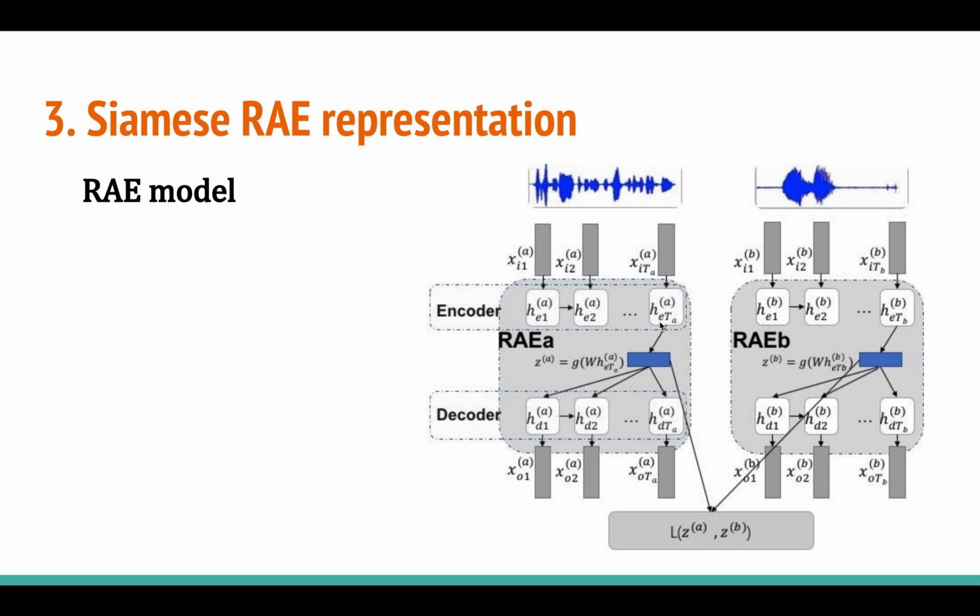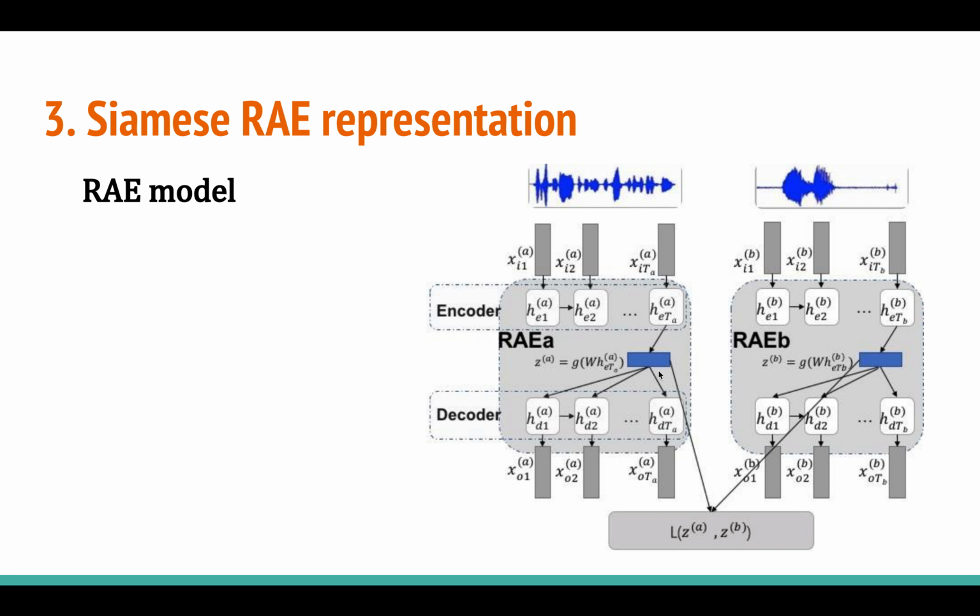is a vector that goes through another level of transformation, an affine transformation, let's say matrix multiplication, and we get this vector z, which is the representation, the feature, the vector we are interested in, which will have the semantic information about this input. From this hidden state representation, we try to reconstruct the inputs in the decoder.